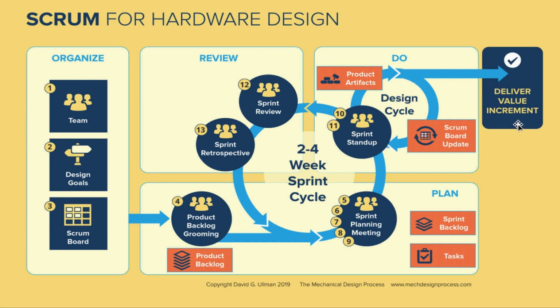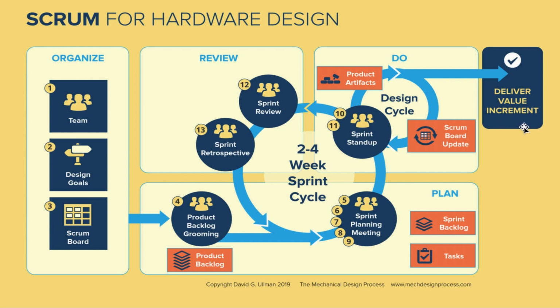And that's what they call delivering a value increment. Each cycle here will deliver, as much as possible, a new mini version of the product design. In software, it might be something new, like a new feature that can be shipped, that can be made available to users.